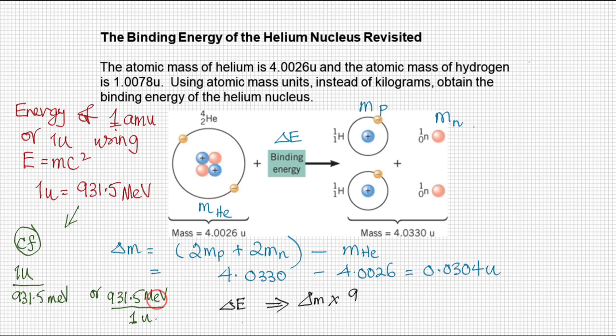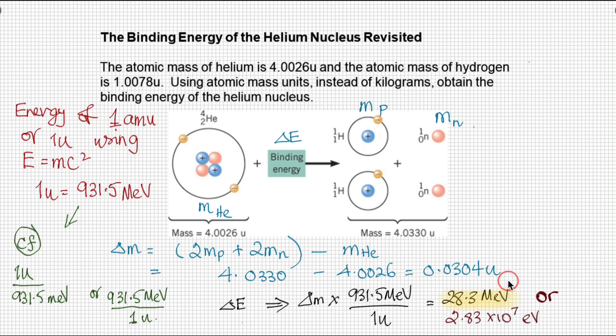So we'll apply this conversion factor and it gives us a nice even number of 28.3 mega electron volts. That means that every time this helium nucleus is split such that the protons and neutrons are not bound by the nuclear forces, this is the amount of energy that's required to achieve that.